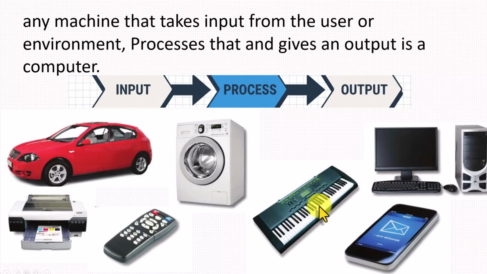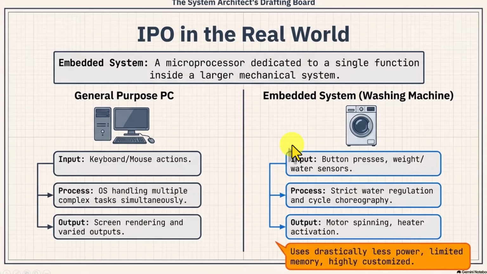So overall, this is a type of computer. Or a washing machine: it has some buttons that you can use to give input. It has some sensors inside that can sense different things, and based on that it will work and control the machine to make some movements. So the output will be in the form of movements or things like that.